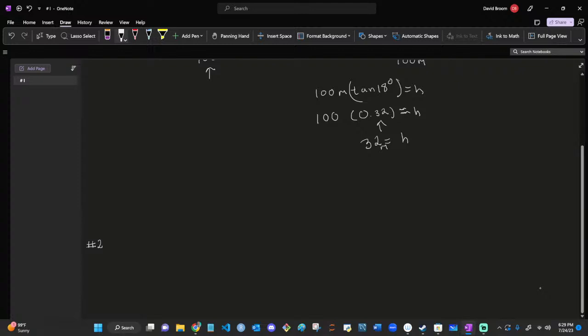There's one. This is out of my book. I have a trig book here, or pre-calculus book. Here's one.